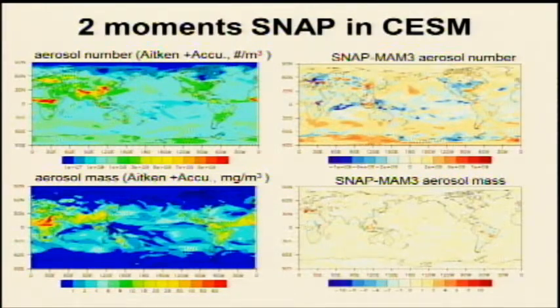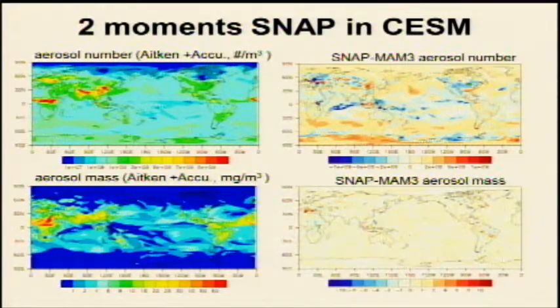And this is the difference between our scheme and the original MAM3 in CESM. Actually, there's a large difference in the number concentrations. In the polluted area, the difference is relatively small, about 10%. But in the remote region, like in the Arctic, the difference can be several hundred times. Okay, very large in the remote, clean areas.